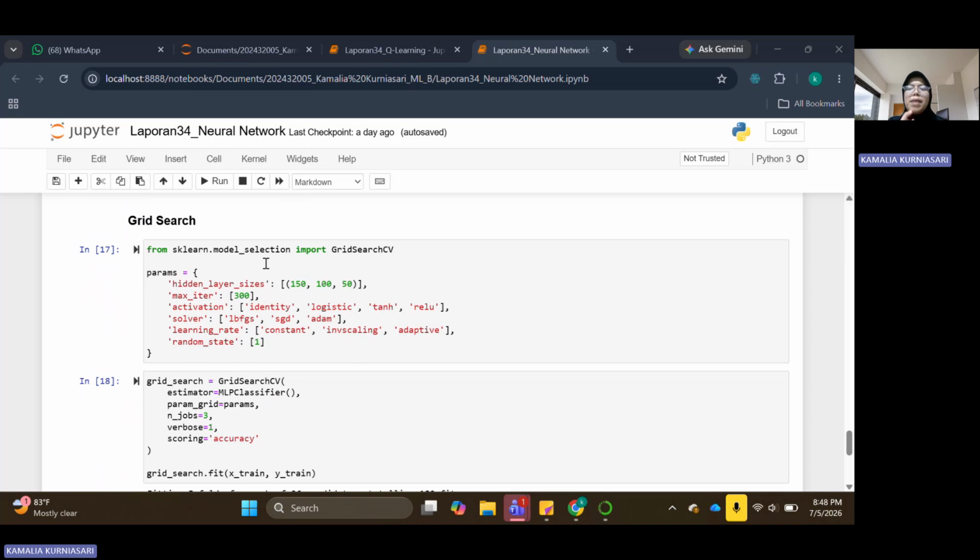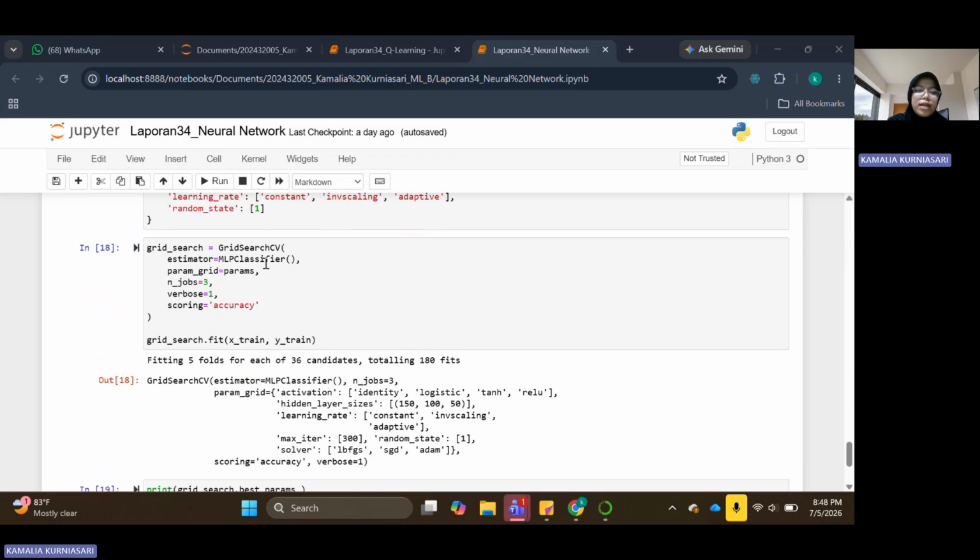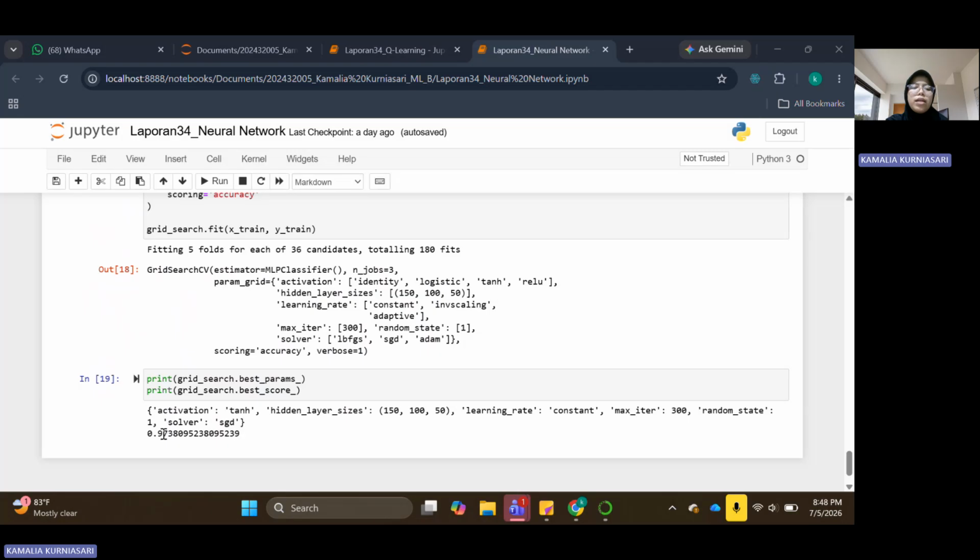And the best cross-validation accuracy score here was 97.38%, and the result showed that tuning significantly improved the model's performance.